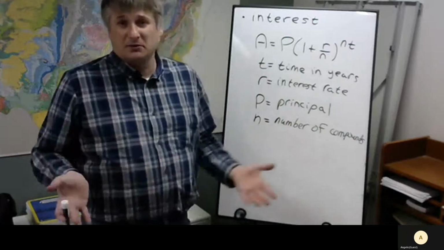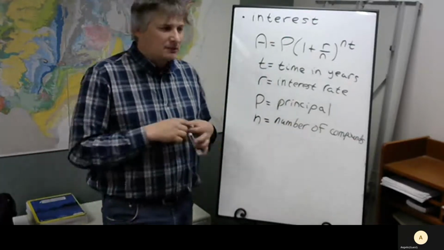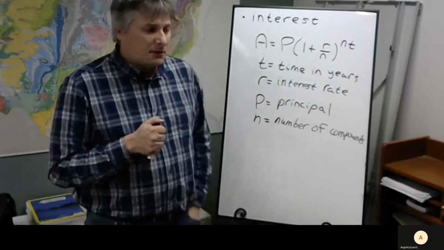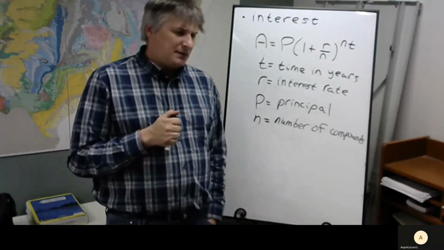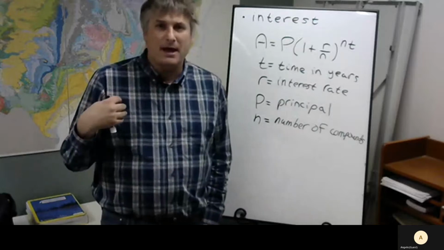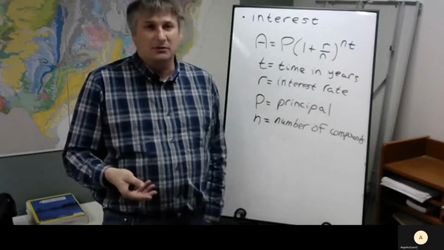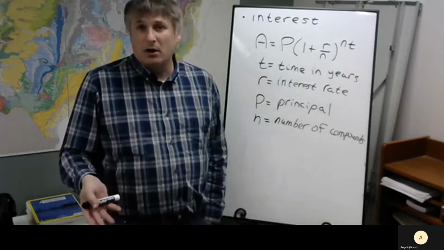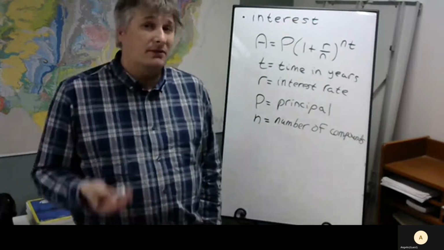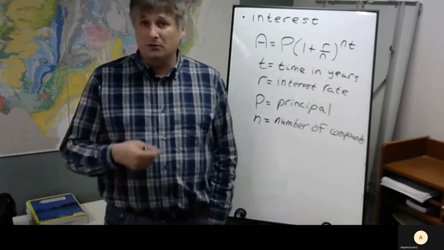So let's say you borrow it for a year, and I have an annual interest of 10%. That's kind of high. When you come to the end of the year, you'll pay the $1,000 back, and then you'll also pay the interest, which is 10% of whatever you borrowed. In this case, it'd be 10% of 1,000, which is $100.